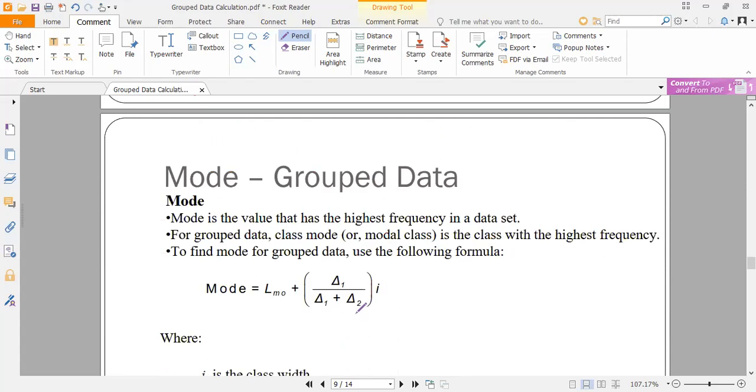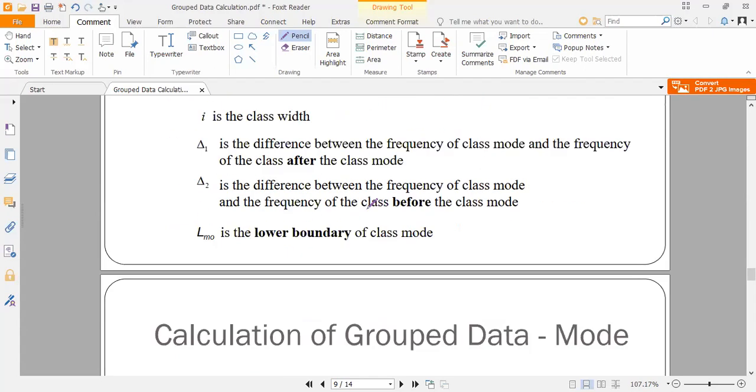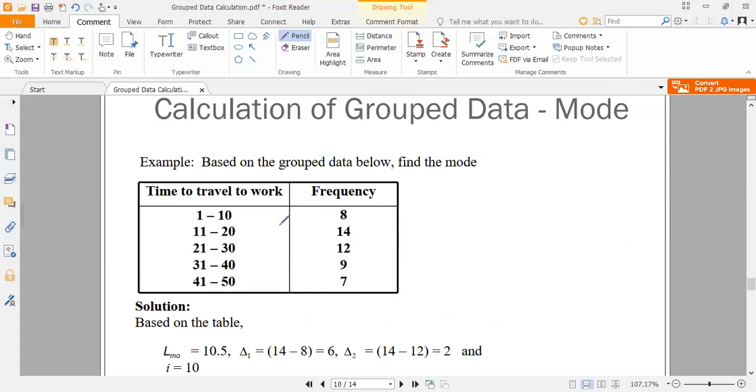So finally, to find the mode: it is the difference above over the sum of the differences above and below. For this grouped data, you identify the highest frequency, which is 14. The difference above is called D1, and the distance is 6.